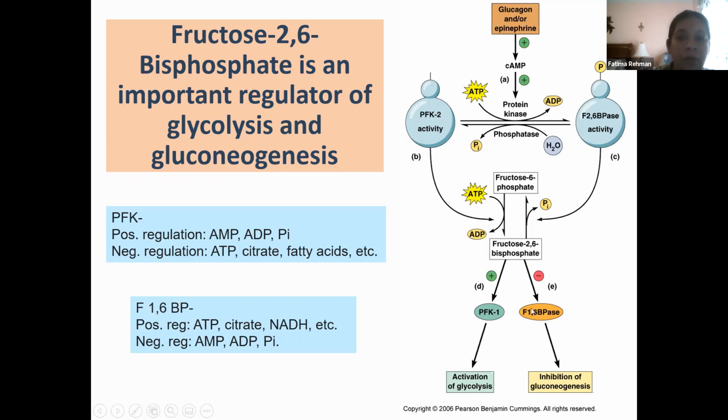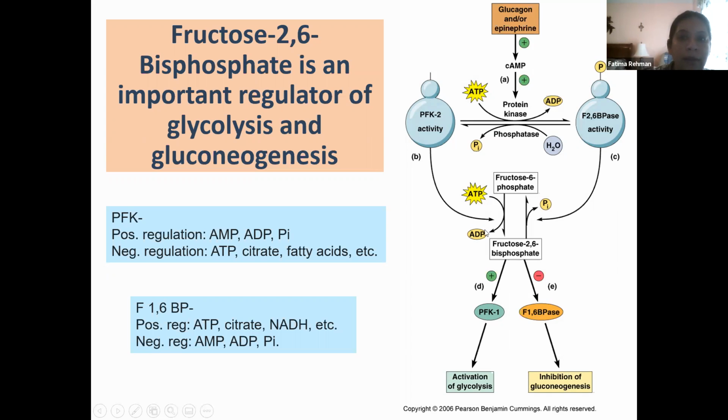In addition, the fructose 2,6-bisphosphate can also inhibit this phosphatase activity, which leads to inhibition of gluconeogenesis. So you can get further activation of glycolysis without returning back to more glucose states.